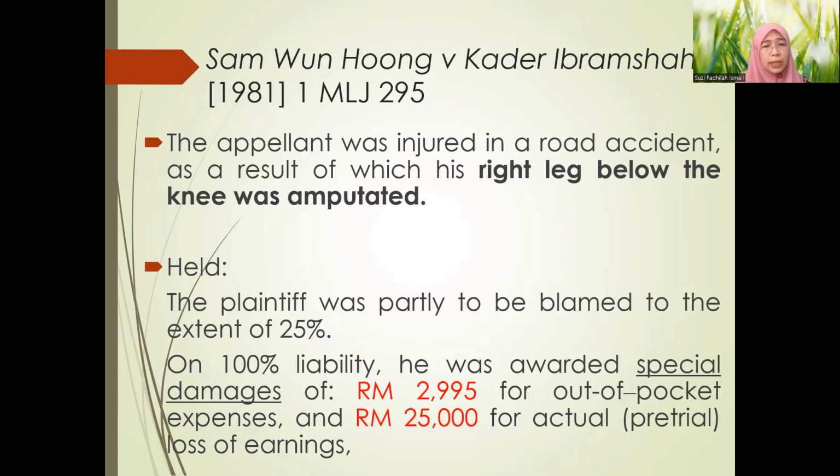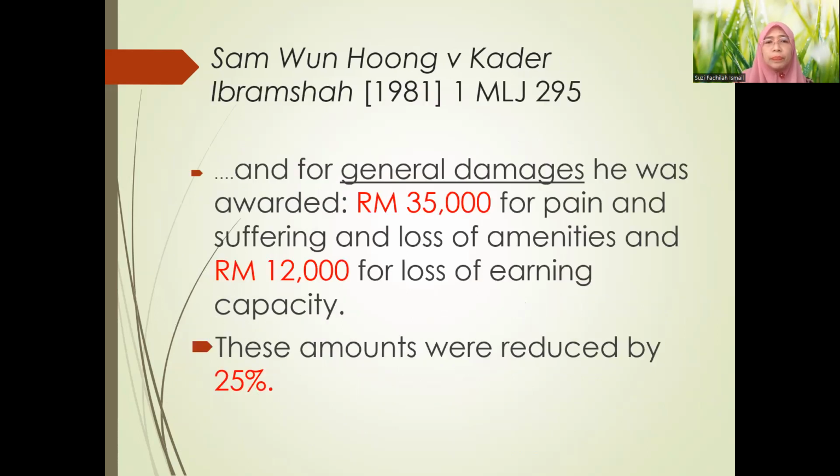On 100% liability, the court awarded him special damages of 2,000 plus for out-of-pocket expenses, the ones you can support with documentary evidence, receipts and so on. Those days they had pre-trial loss of earning, but nowadays we combine pre-trial and post-trial. Another 25,000 for loss of earning, salary.